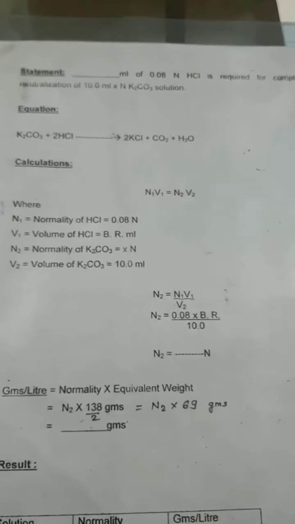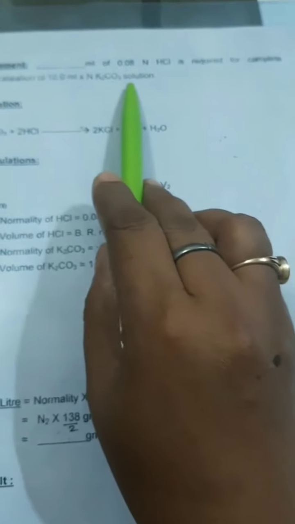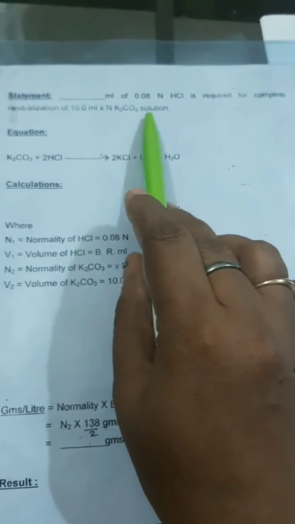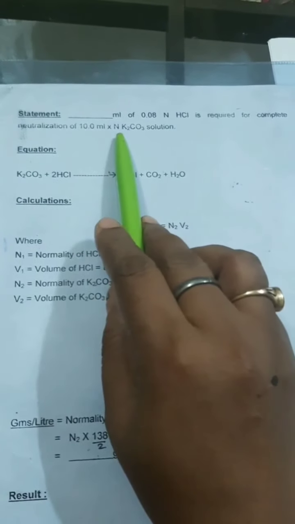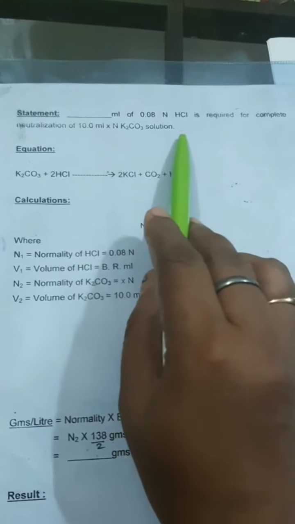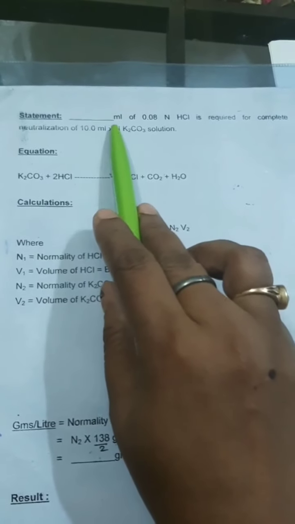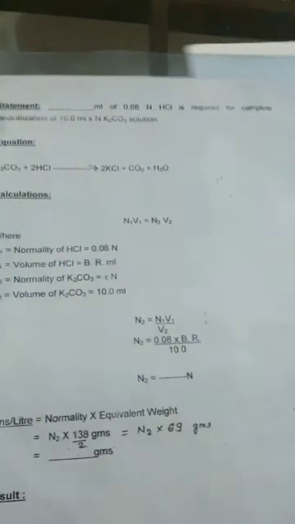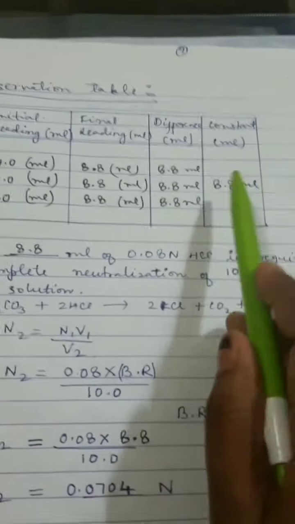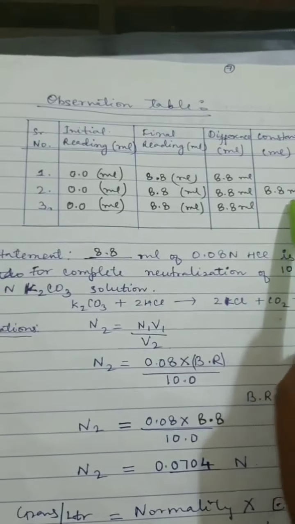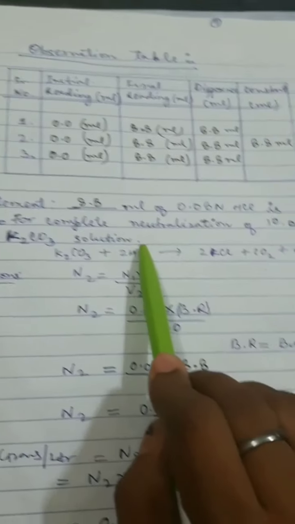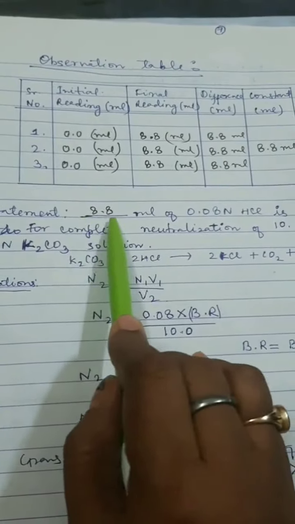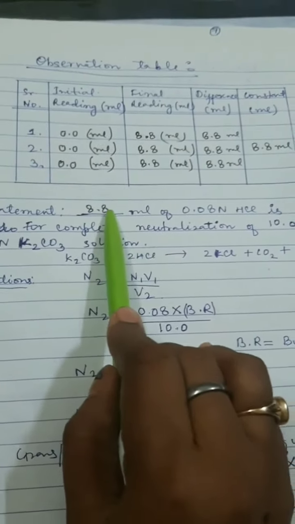As you can see in the chart, the statement is: dash ml of 0.08 normal HCl is required for complete neutralization of 10 ml of X normal K2CO3 solution. So what will be the dash? Dash means how much HCl has been consumed for the complete neutralization of 10 ml of K2CO3 solution. So in the place of dash you will write 8.8 ml.